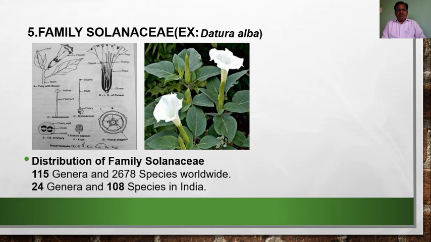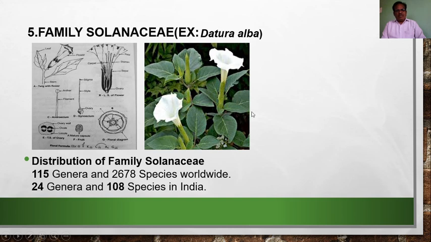First of all, the family Solanaceae. This is an actual member of this family, the actual plant found in the field, and this is the diagram of this member. This is Solanum. This is Datura alba, found in the field.